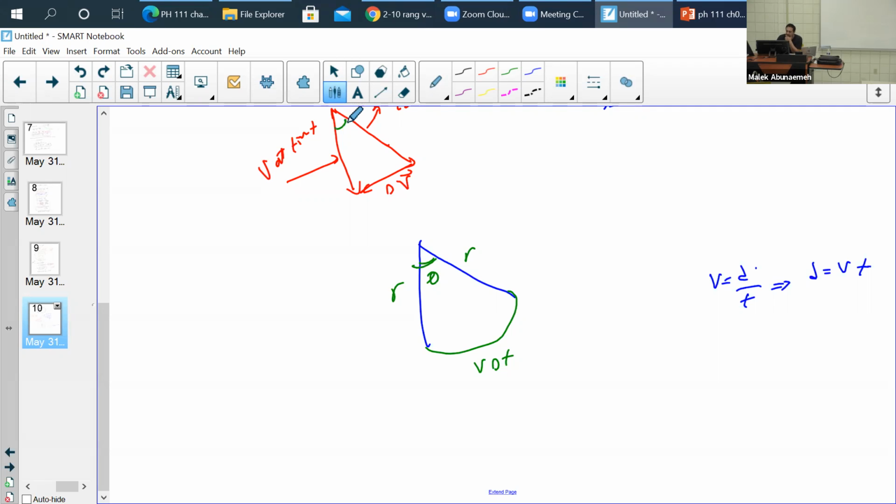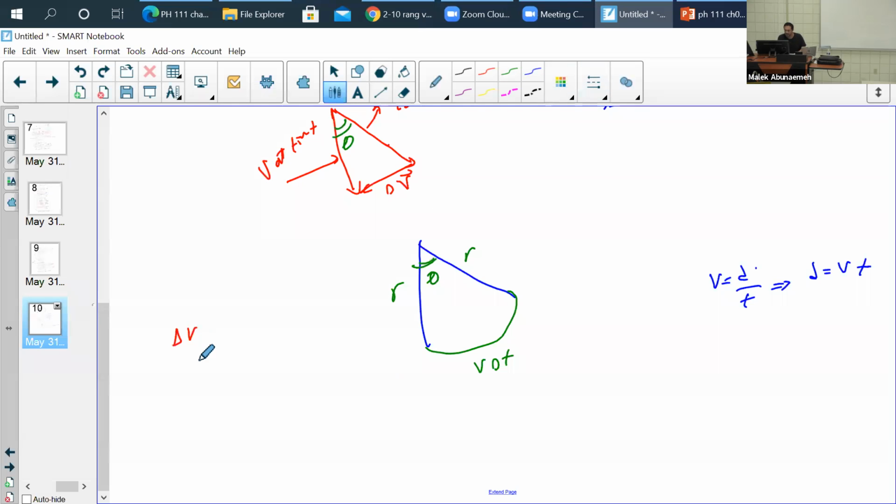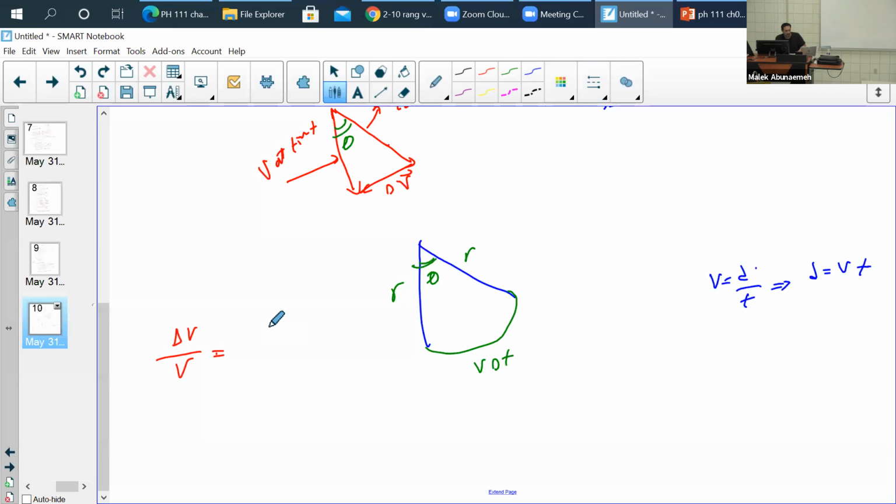According to the laws of triangles, your delta v over your v is going to equal your v delta t divided by your radius. Let me write it in red so you know which one it came from.